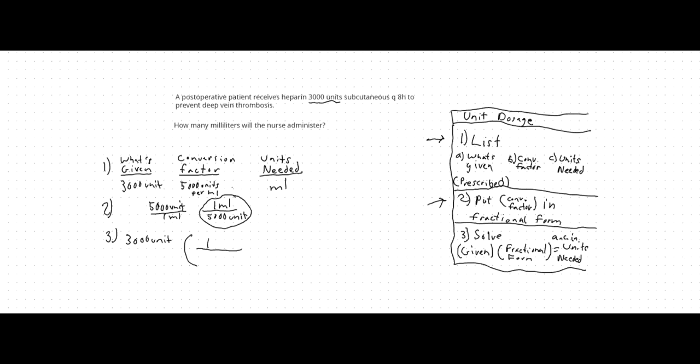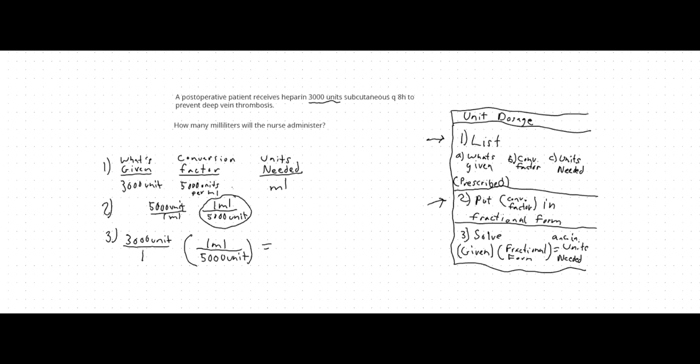We pick milliliters on top because that's what the units needed were. Now we do the math operation. At this point, it's all mechanical. We have a fraction in this equation, and whenever we have a fraction involved, we make sure all the numbers are in fractional form. So we put a 1 underneath the 3,000 units.